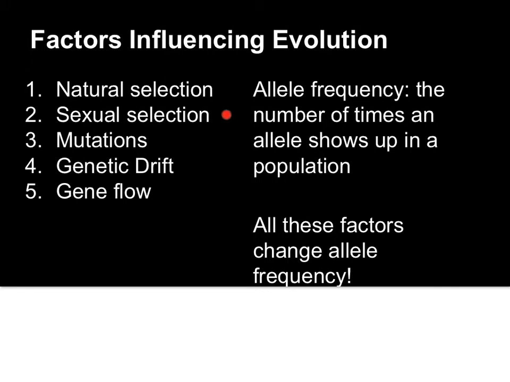All of these five factors are going to change this value, the allele frequency. This is basically how evolution occurs: you are passing on these traits, but you're also increasing these traits in those populations.